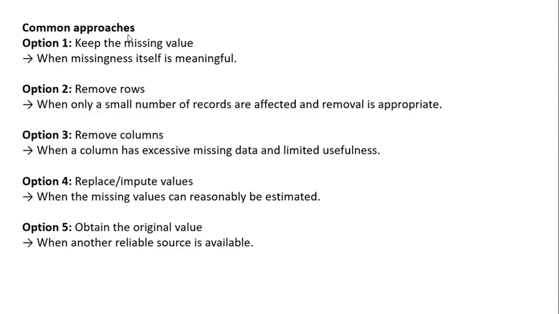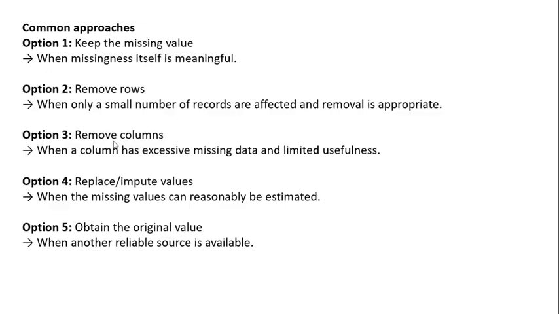As a common approach, option 1 is keep the missing values, when the missingness itself is meaningful. Second option is remove the rows, when only a small number of records are affected, or removal is appropriate.